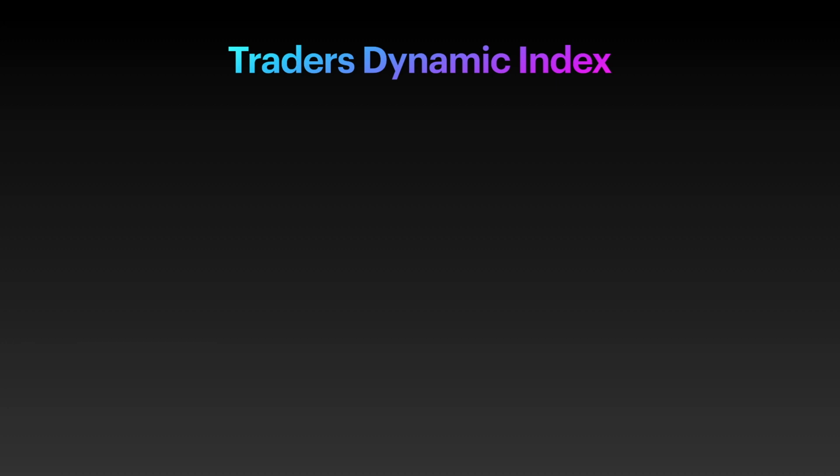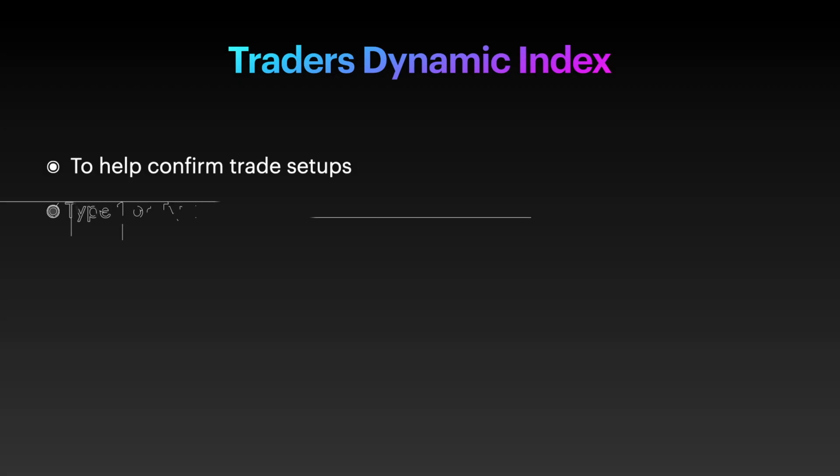So the TDI, I use the TDI to help confirm trade setups. How do I do that? For type 1 or type 2 setups, I look for divergence as one thing.